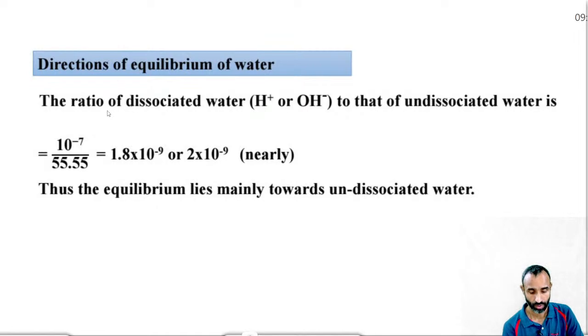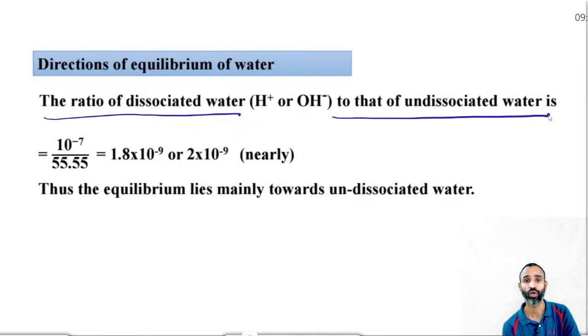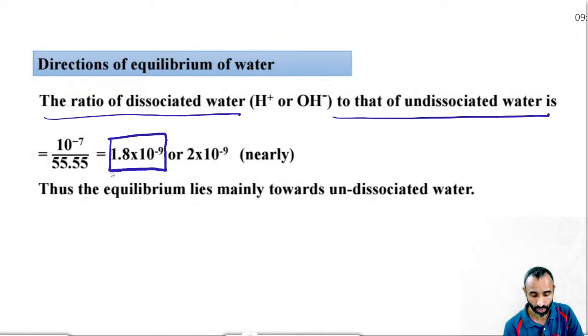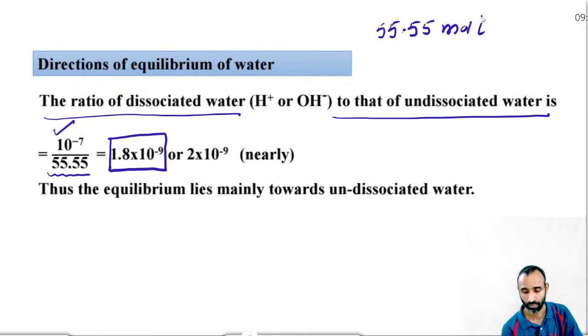And the ratio of the dissociated water to that of the undissociated water is always equal to 1.8 into 10 raised to power minus 9, because the undissociated water molarity is 55.55 and the dissociated water molarity is 10 raised to power minus 7, because only 10 raised to power minus 7 mole per liter of H plus ions are present in pure water, and 55.55 total moles are there per liter of water.